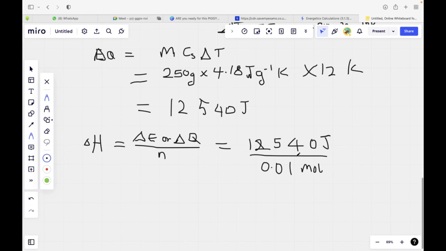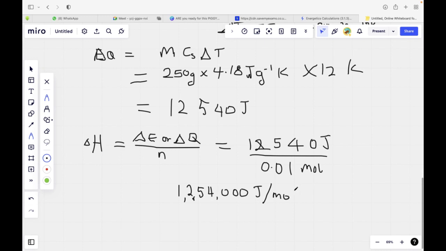What do you get? 12,540 divided by 0.01 gives 1,254,000. So we get 1,254,000 joule per mole.